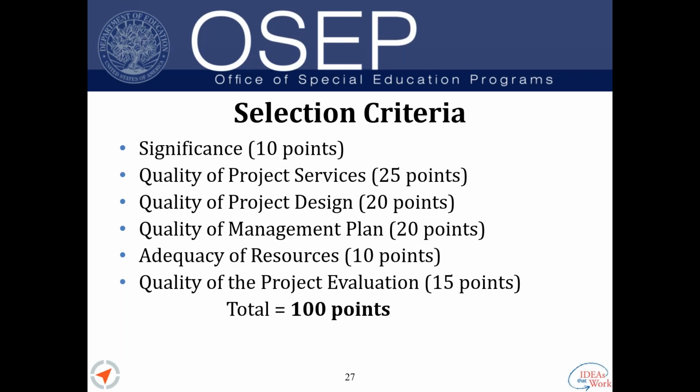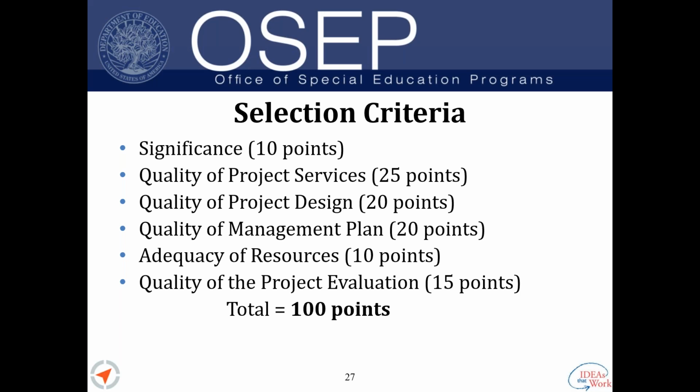Listed here are the selection criteria that reviewers will be using in evaluating individual applications. Each of the selection criteria has assigned point values. We have 6 different selection criteria. Significance, which is worth 10 points. Quality of project design, worth 20 points.